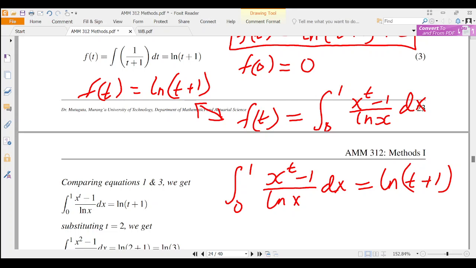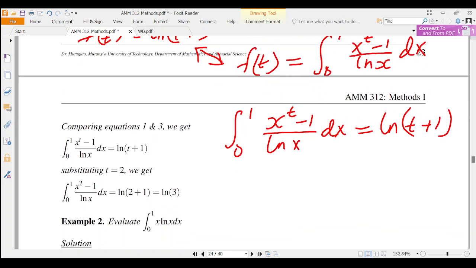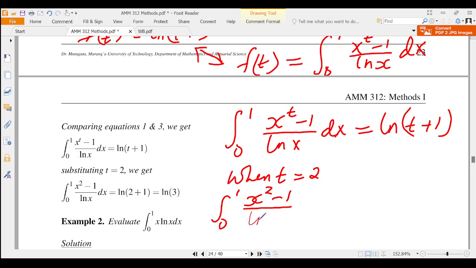If we now consider the case when t is equal to 2, we can write the integral from 0 to 1 of x raised to power 2 minus 1 divided by logarithm of x dx is equal to logarithm of 2 plus 1, which is logarithm of 3.